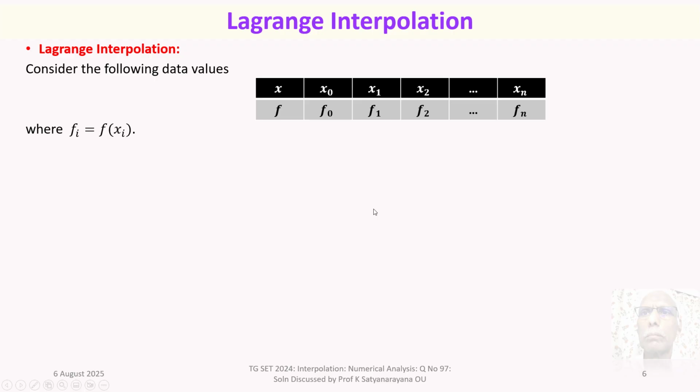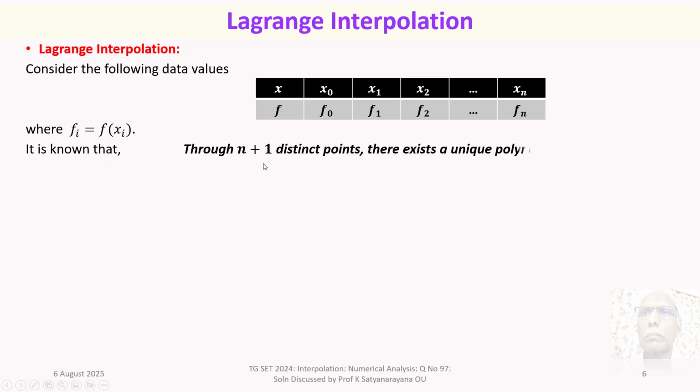It is known that through n plus 1 distinct points, x0, f0 ordered pair, x1, f1 ordered pair, etc., there exists a unique polynomial of degree at most n that passes through them.